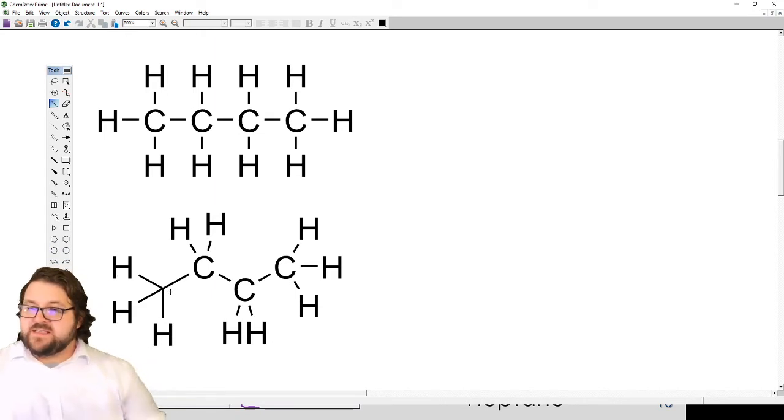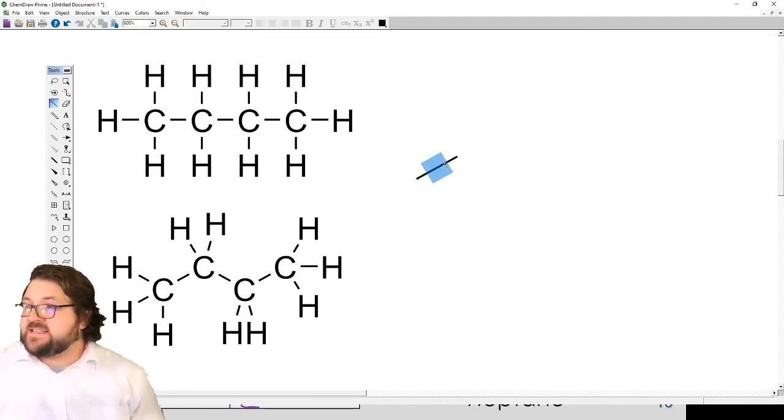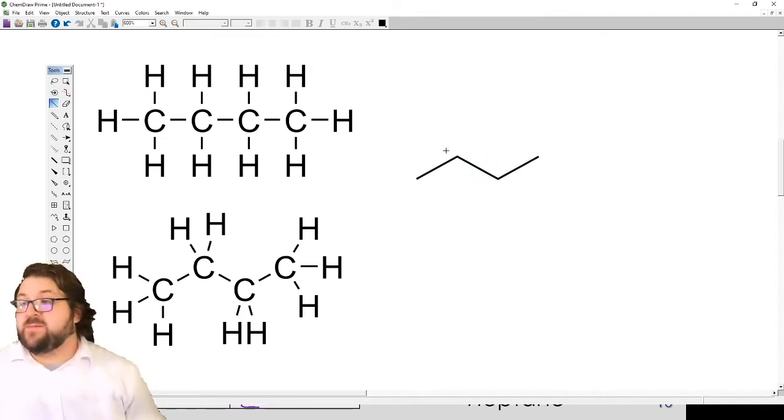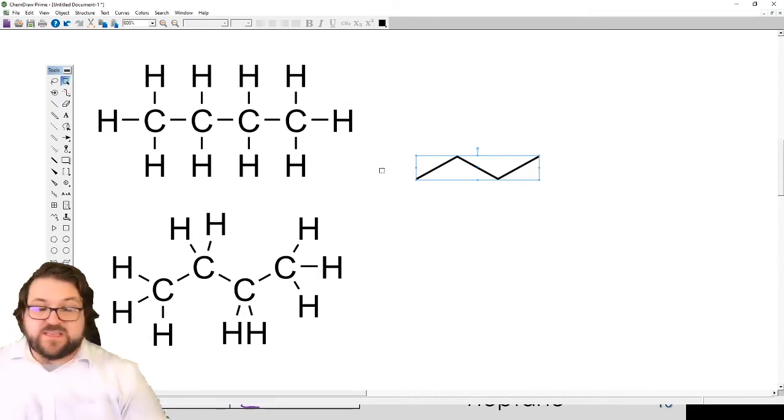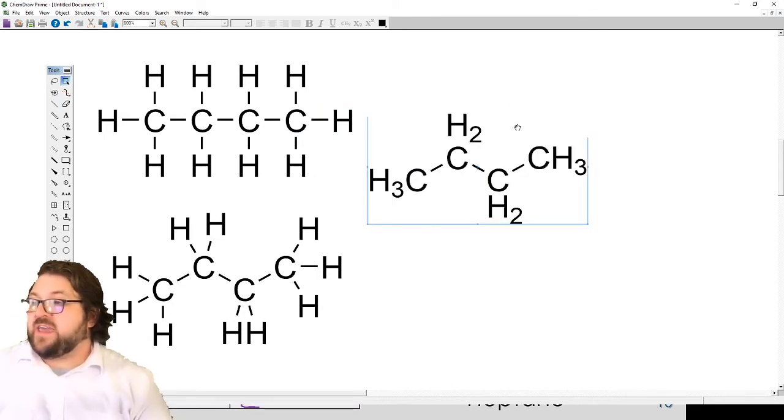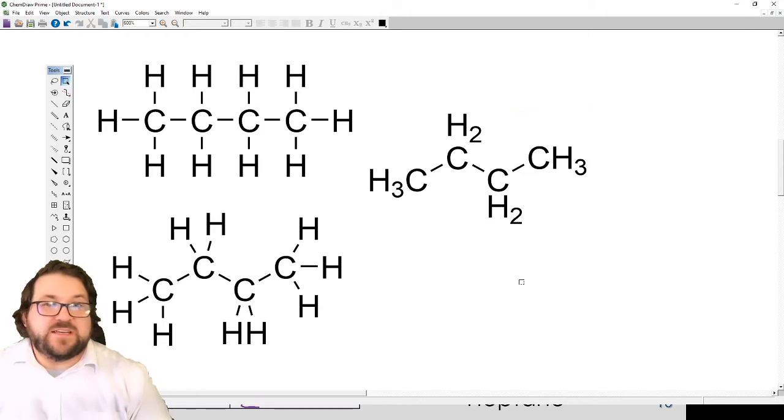So notice that the skeletal structure there, I managed to convert it straight back into the structure that I had before. And so again, this skeletal structure, which is just showing the backbone of the carbons, is exactly the same as the other structures and will be much quicker for you to learn to write. So there is going to be a workshop on this later on, but this is exactly equal to the other ones. And if I just tell ChemDraw that they're carbons, look, it fills out the rest of the structure for us.